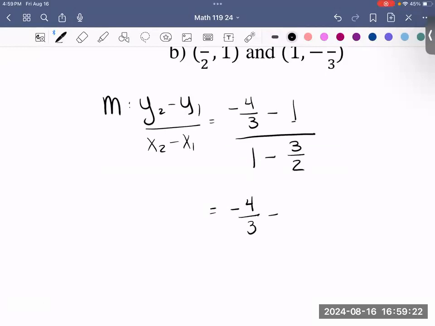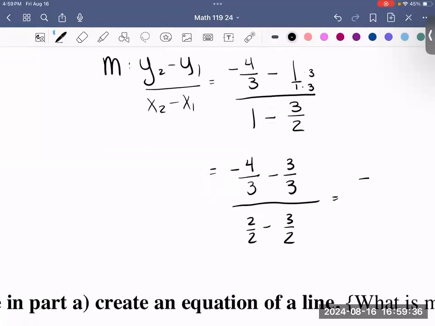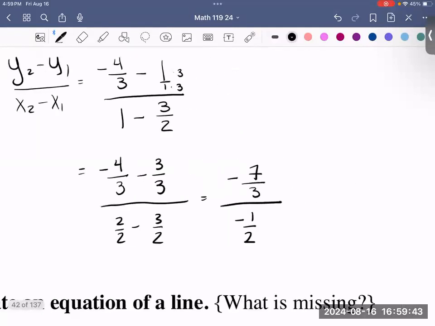If you wanted to set this over 1, your common denominator would be 3. So we have 3/3, and again, 2/2 minus 3/2. So we get -7/3 divided by -1/2. And you have a fraction over a fraction, so we're going to keep, change, flip. -7/3 times -2/1 to make 14/3.